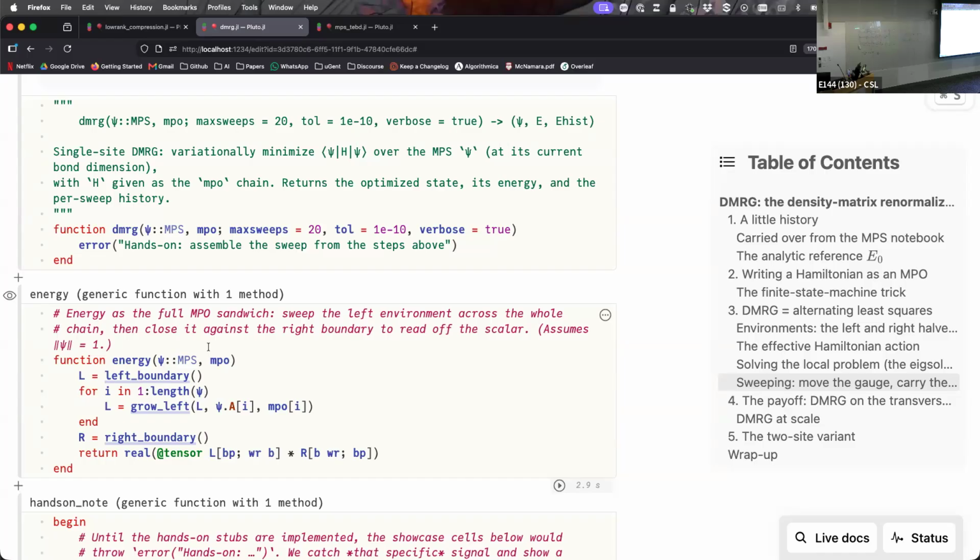Right, like it seems like the order for L was not the same as it should have been for W. It says L B prime W B is raw MPO, which is consistent. Does that make sense? Yeah, it's just going bottom to top.